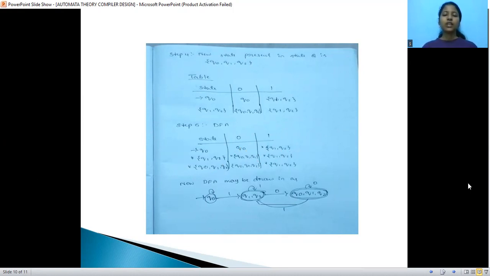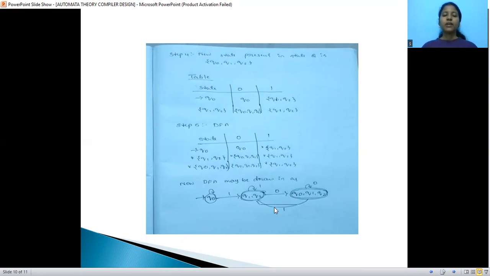It moves on 1 to Q1 and Q2. We now consider the state Q0, Q1, Q2. On 0, the transition is Q0, Q1, Q2. It moves on 1 to Q1 and Q2.